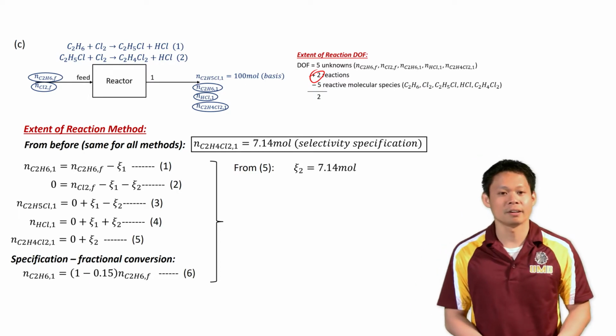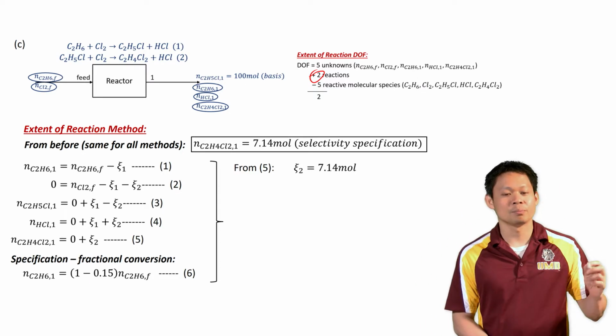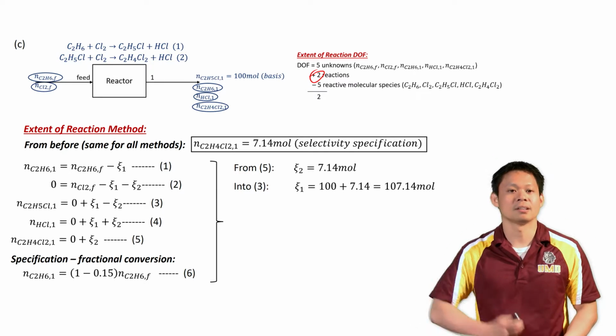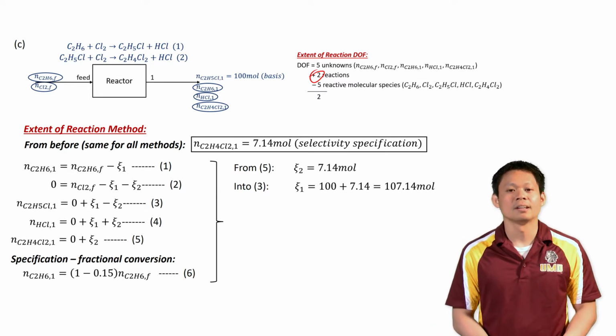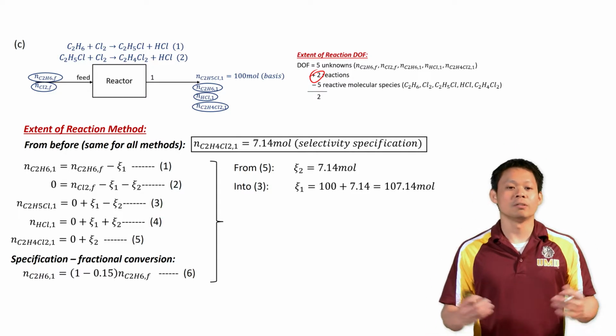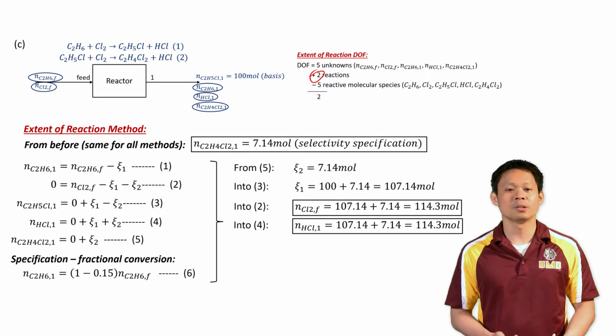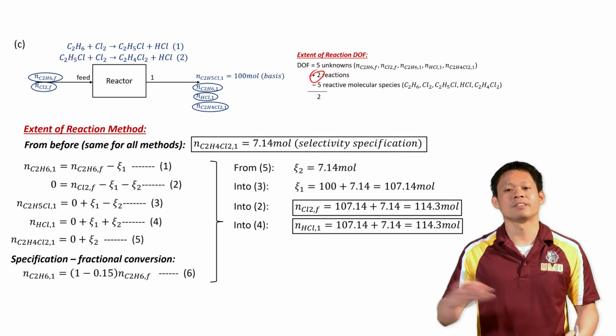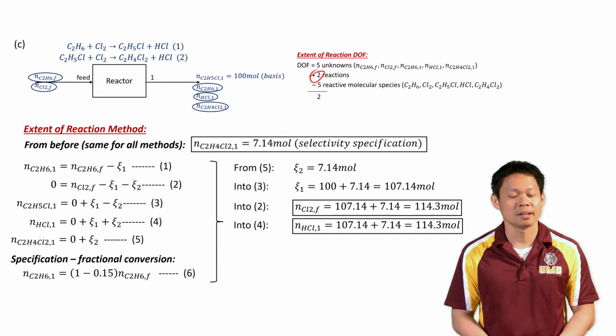That's all we have there. Once we have that, we can put that back into equation 3, which is our desired product extent of reaction equation. That gives us our XC1. With XC1 and XC2, you can put them into the chlorine and the hydrochloric acid extent of reaction equations, and you can find the number of moles coming out right away.